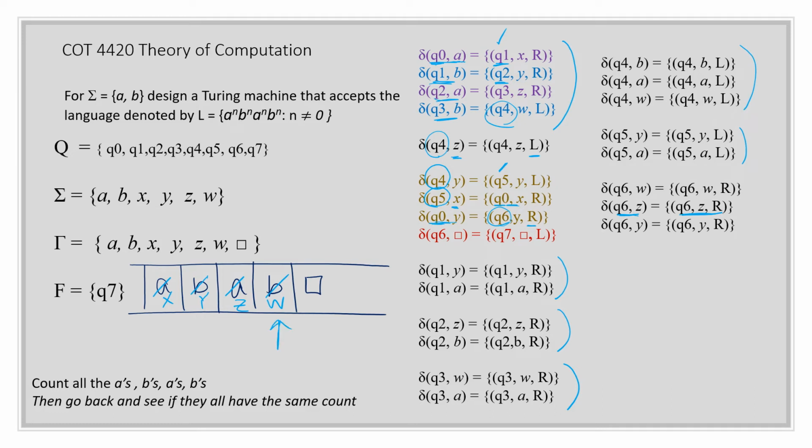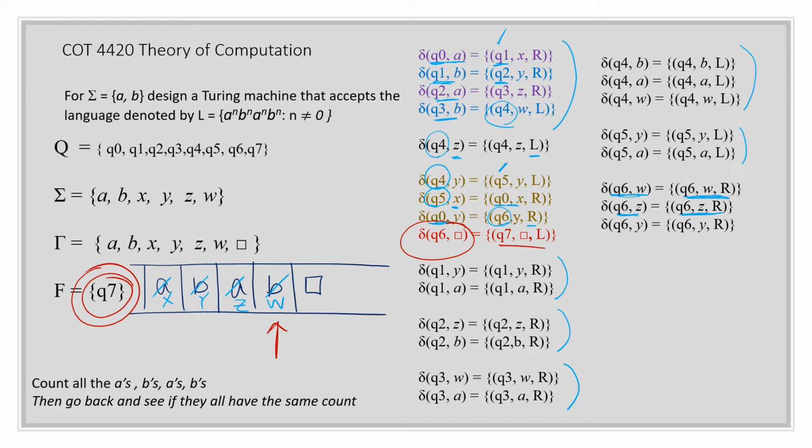Now we are in Q6. We have a W. We're going to stay in Q6 and move right. Now we're in Q6. We have a blank. We are going to move to Q7. Q7 is the accepting state. And then we're going to move back left. So this is a string that is accepting in the language.